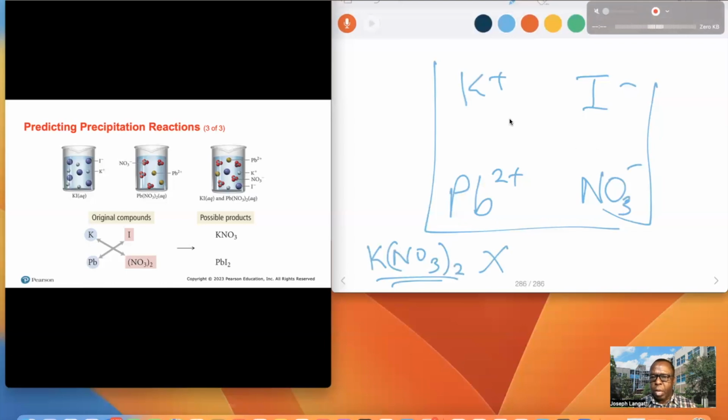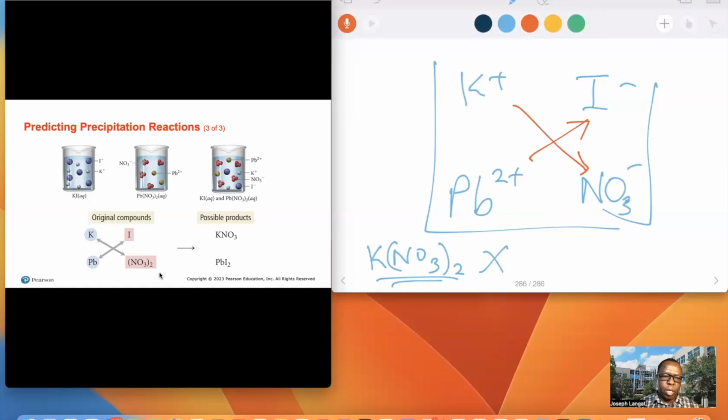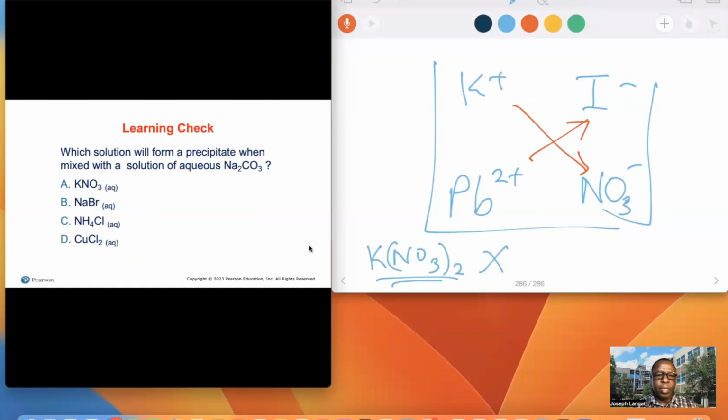So I recommend you learn the charges so that when you do the crossover rule, you'll end up with the correct formula for your product, such as this one, where 1 and 1 will cancel. Just to clarify the difference between this and what I have on my whiteboard here, it's the same thing. You don't have to worry about that.